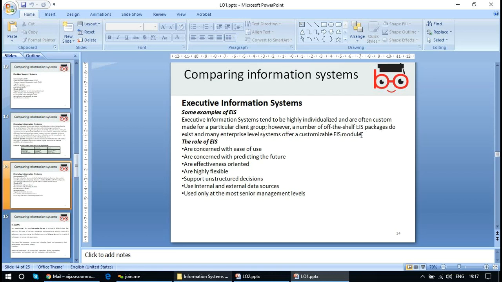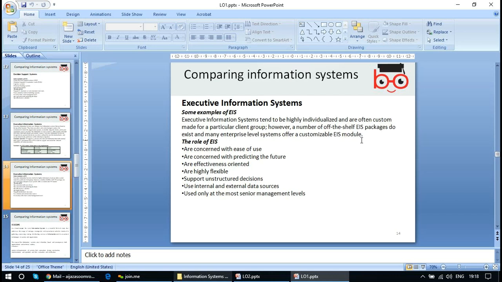However, a number of off-the-shelf executive information system packages do exist, and many enterprise level systems offer a customizable EIS module, right? So, for example, a particular EIS, executive information system, could be customized based on the pre-built system as well.